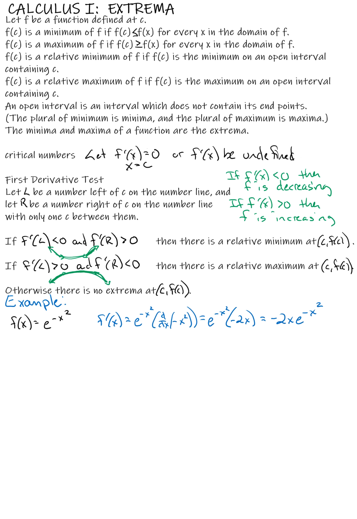Now, let's go back and figure out what our critical values are. We are going to use that first derivative when the first derivative is 0 or undefined. So let's see. Let the first derivative be equal to 0 or be undefined.